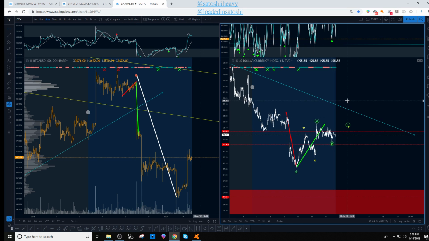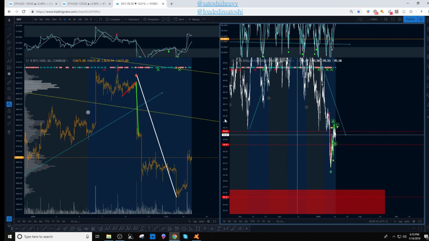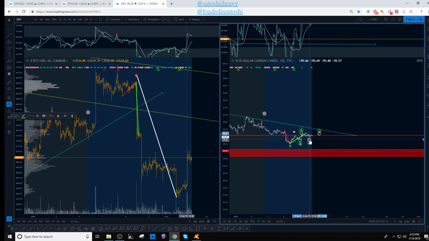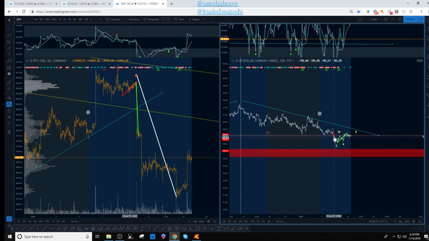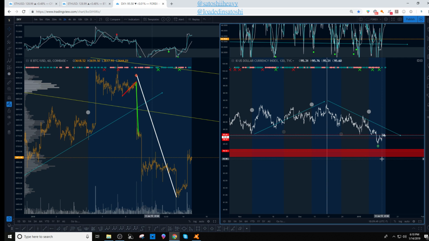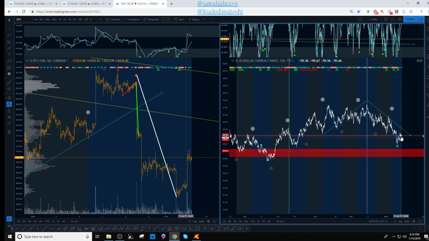Because the dollar goes up, Bitcoin goes down. This is how it goes. Dollar goes up, Bitcoin goes down. The dollar looks like it's about to move up. Like, it does.